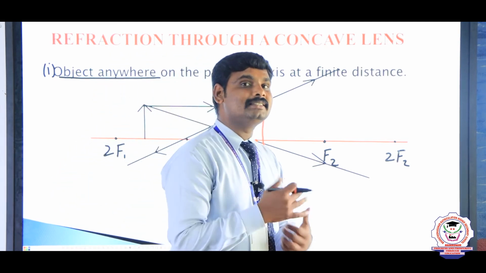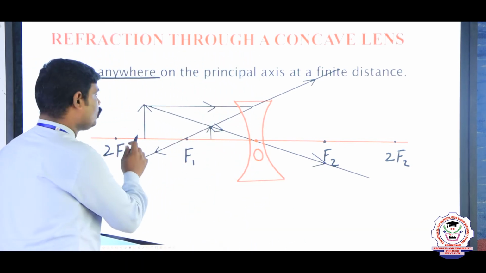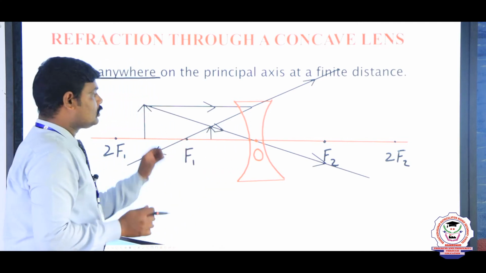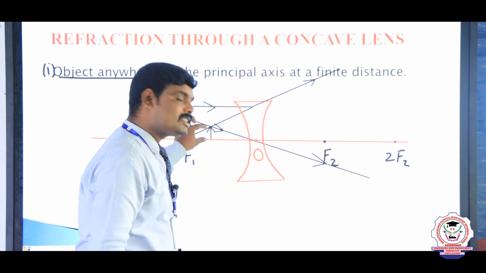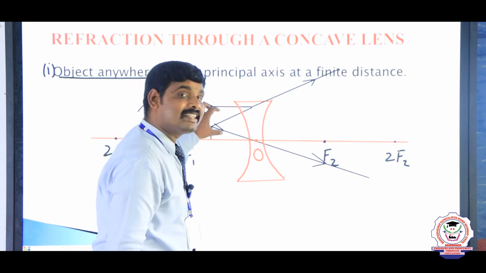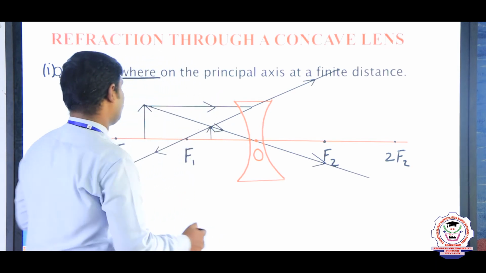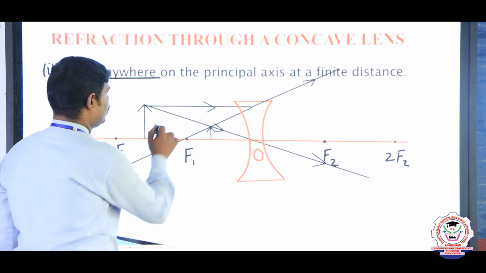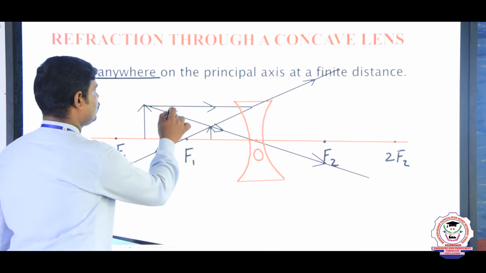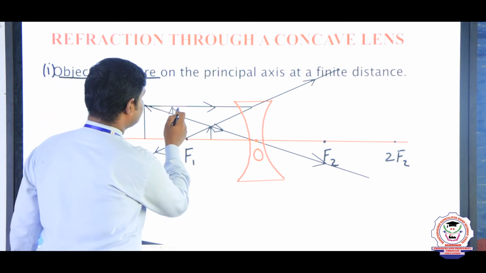Suppose when I move this object close to this lens, at that time the size of the image slightly increases, okay, right? Suppose if I place this same object here, the position may change.